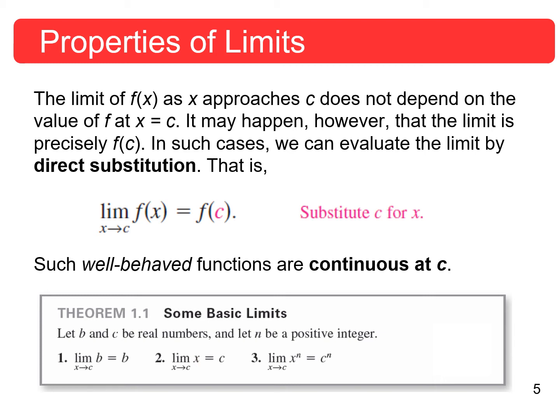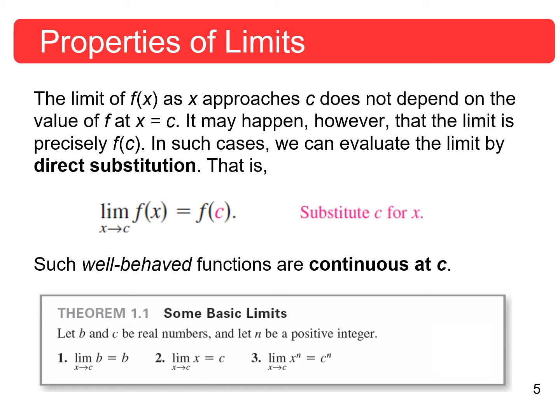F of x in this case is just equal to x, so we just have the line f of x equal to x, which is a diagonal line, and that is continuous everywhere. So it is also continuous at c. So the limit of x as x approaches c is just equal to c.